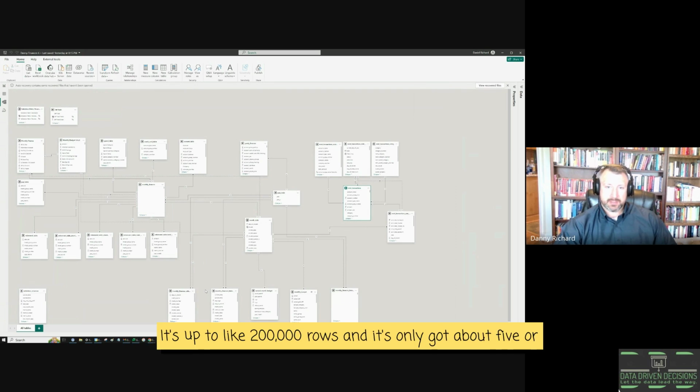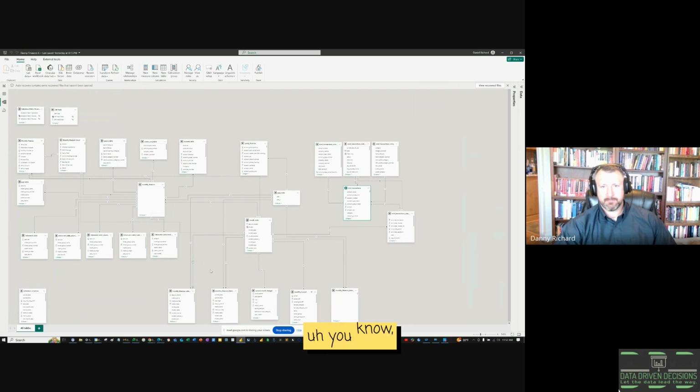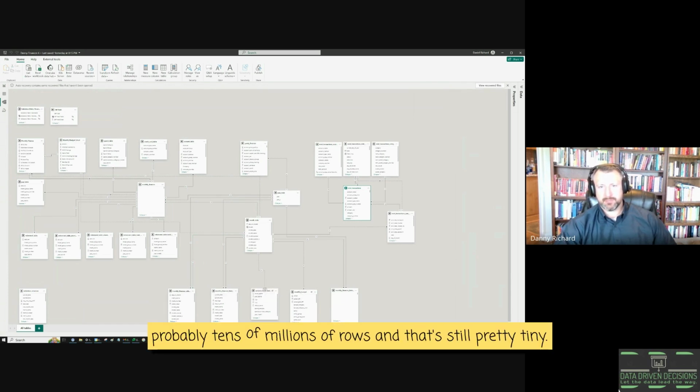Right now, it's up to like 200,000 rows, and it's only got about 5 or 6 runs in it. By the time in like a year, it's going to get up to probably tens of millions of rows, and that's still pretty tiny.